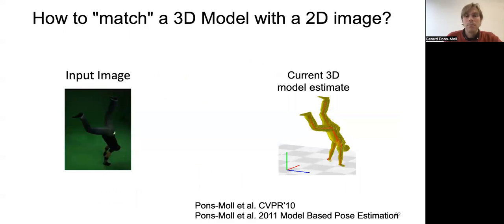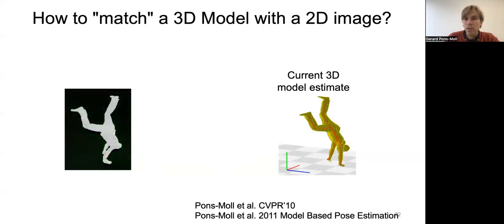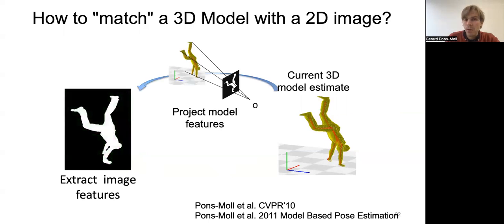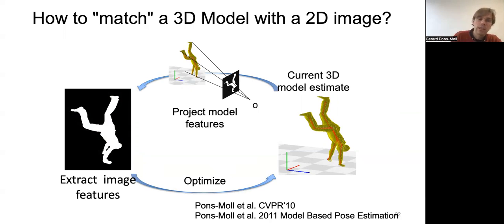Well, you could generalize the ICP algorithm for matching to images. You extract features, you project the model to predict those features, then find matches, you optimize, and you iterate this process. Once you have a better model estimate, you can project again, and so on.